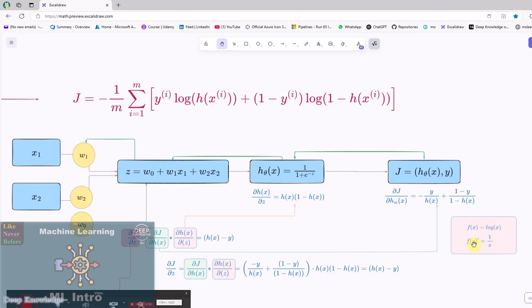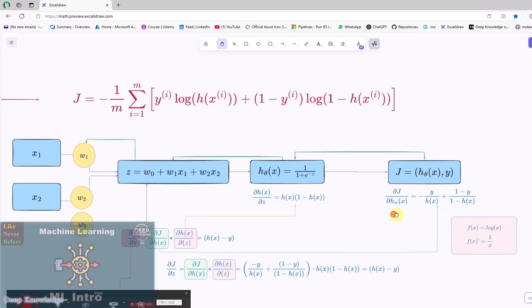And it's the same here, we have y divided by what is inside, h of x, the sigmoid function. And we have removed this i because this is the general one, and after we have a summation, we will use the i. Then plus we will have this 1 minus y. This is the log, the derivative of log is 1 divided by 1 minus h. This is with respect to h.